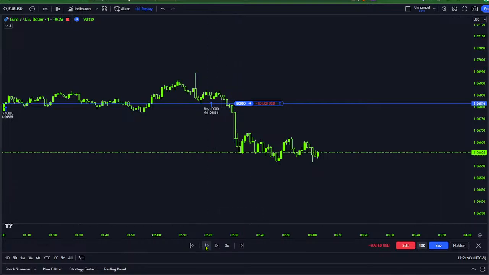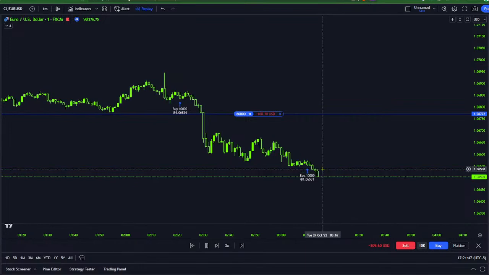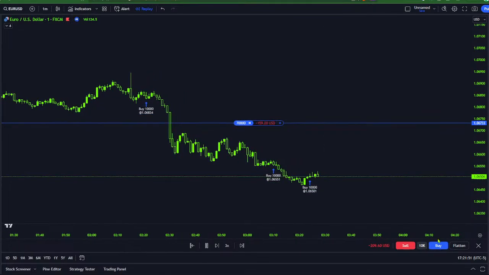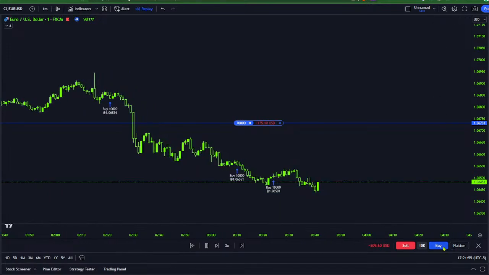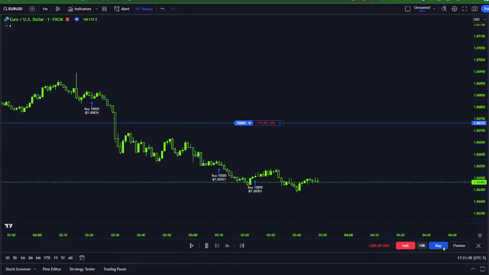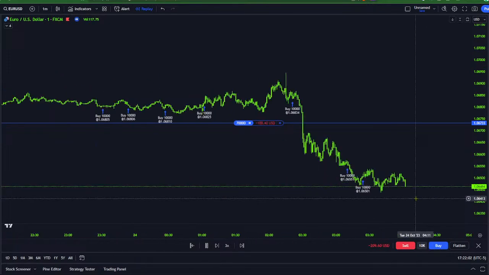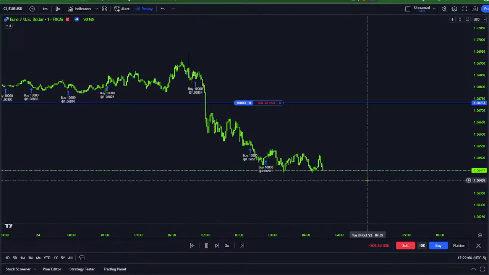And I think I'm going to stay in the buys. I'm going to keep buying. So I'm going to buy down here. And right here. Let's see. We have a level here. We got a level down here.